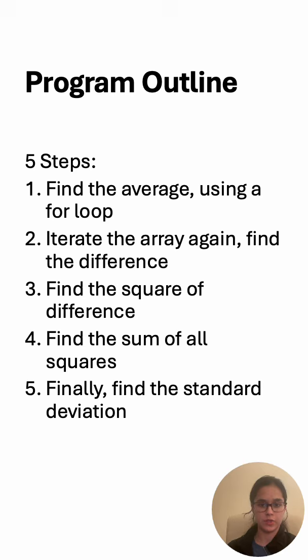Then you would find the square of all the differences. I'll explain later. And then in the 4th step, you will take the sum of all the squares. And then finally, you would find the standard deviation. So you would divide it by the length of the array.